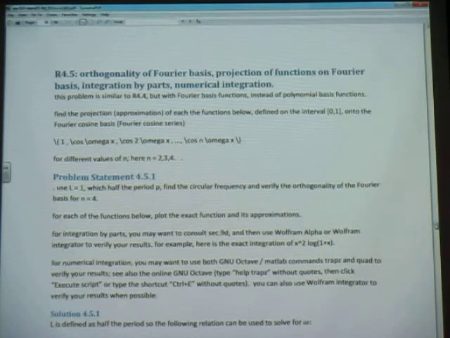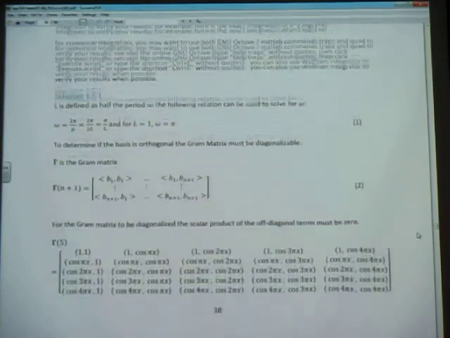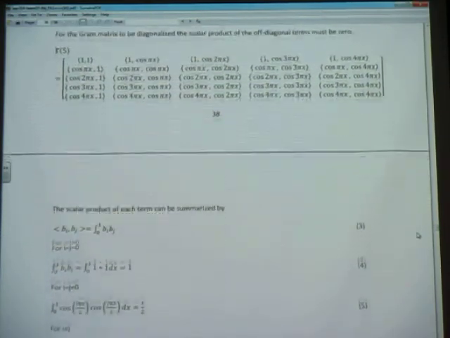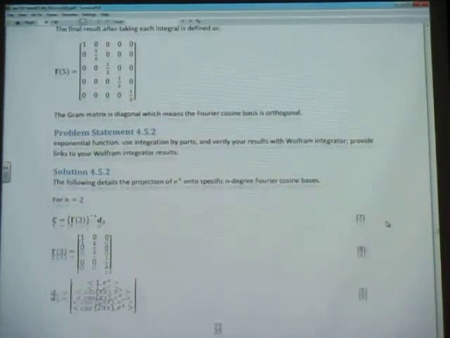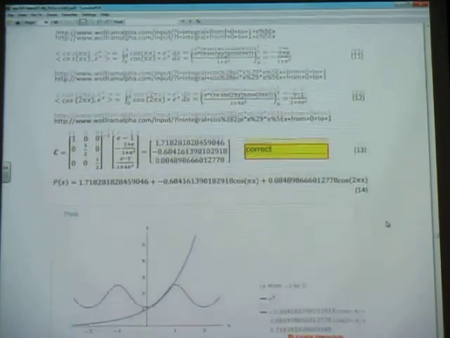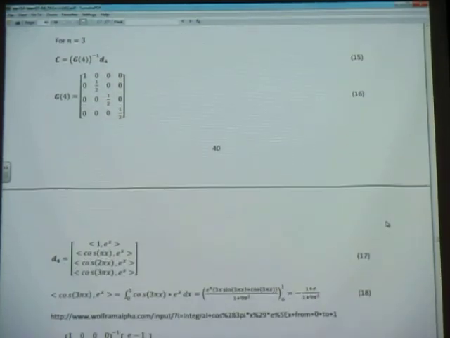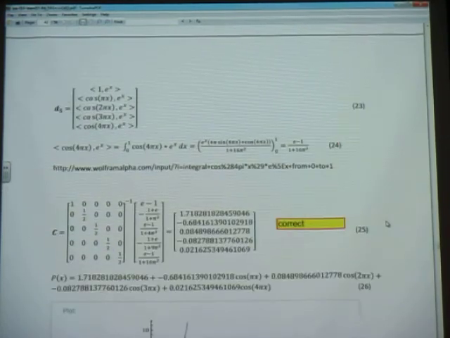This is projecting the logarithm of 1 plus x on the cosine basis function, which I have already pointed out to you. Here I just want to point out one thing. I noticed that some students made a mistake.